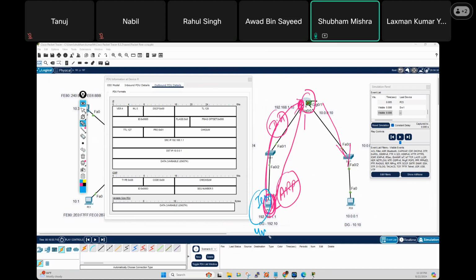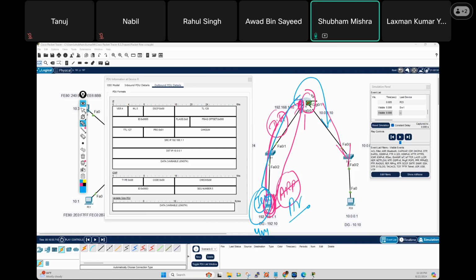ICMP is unicast, so ICMP can go from one network to another. There is no problem. But ARP is broadcast, so ARP will not go from one network to another. I hope you understand this.